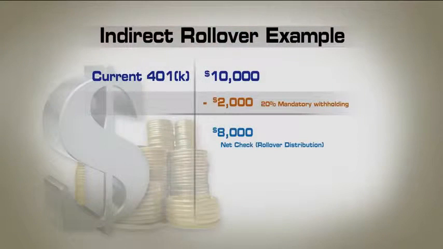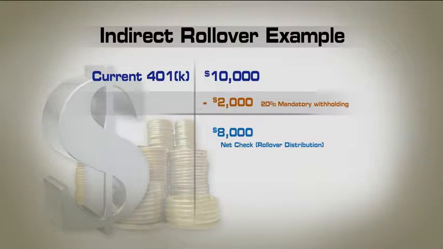Now, an indirect rollover means I'm going to take my 401k personally as a distribution. And usually there's a mandatory withholding of 20%. Then I'm going to take the balance of that and I'm going to spend it, use it, do whatever, but I've got 60 days to put that back in an IRA or I'm going to have penalties and taxes.